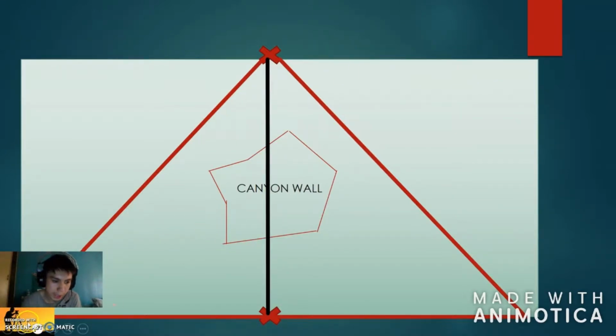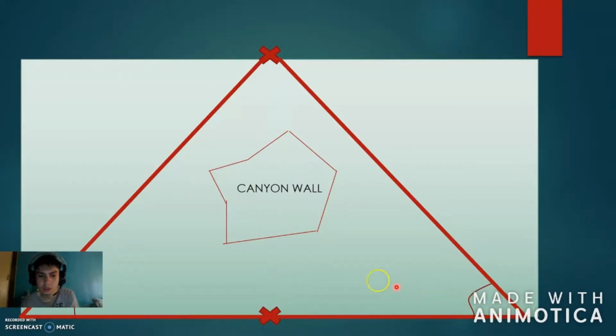You will survey from here to there to form an angle A, and from here you will also survey to form angle B. So you now have two angles, angle A and angle B.